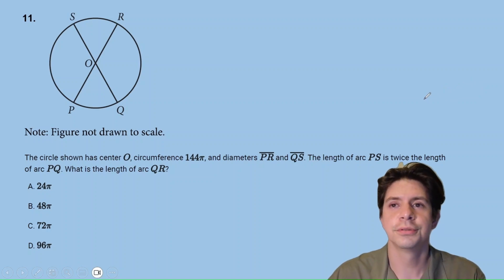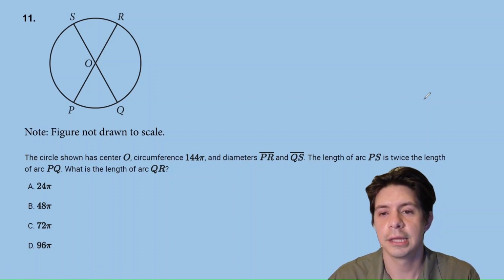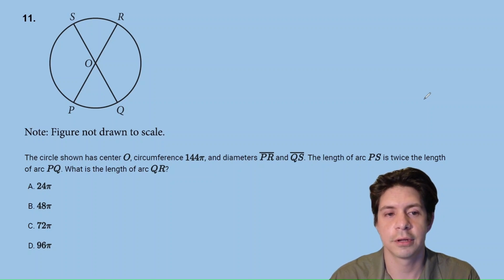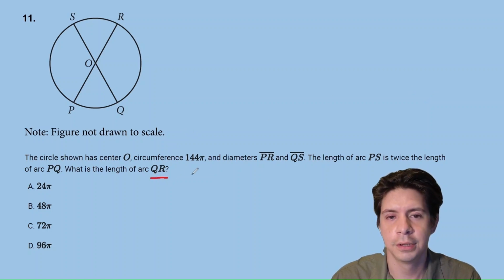So the circle shown has a center O, circumference 144 pi, and the diameters PR and QS. The length of arc PS is twice the length of arc PQ. What is the length of arc QR? Okay, so here, the length of arc QR is what we're looking for.